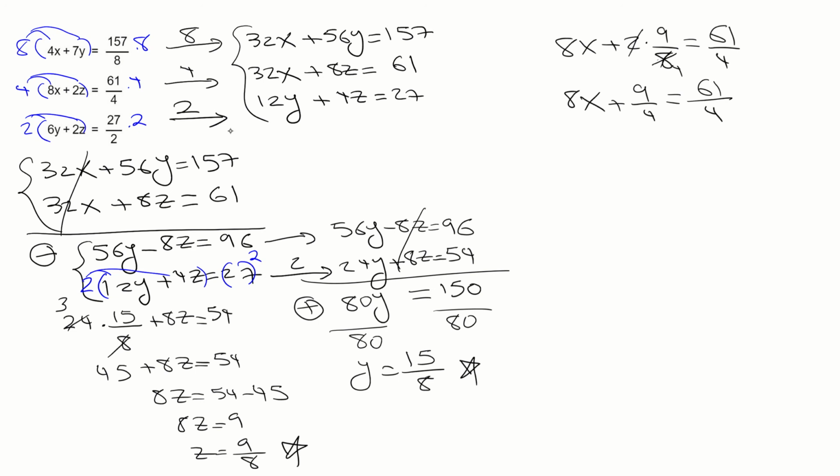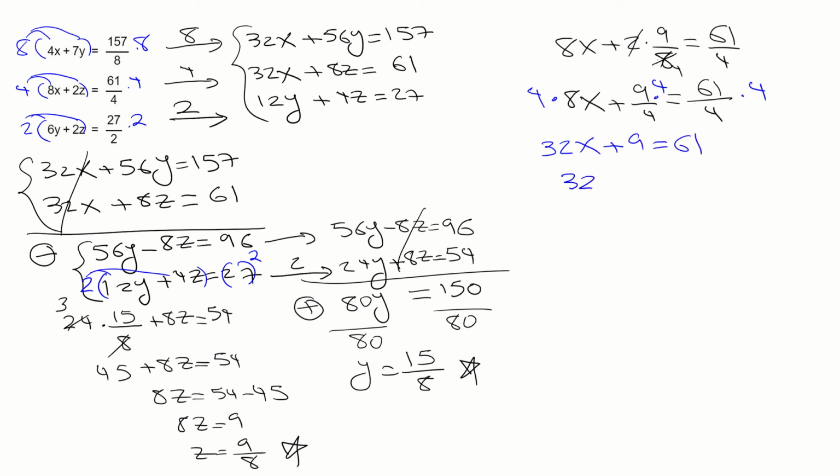If we clear the fractions quickly by multiplying both sides by 4, so we're going to get 4 times that, and because of distribution, 4 times that, and then 4 on the other side. So now we get 32x plus 9 equals 61.